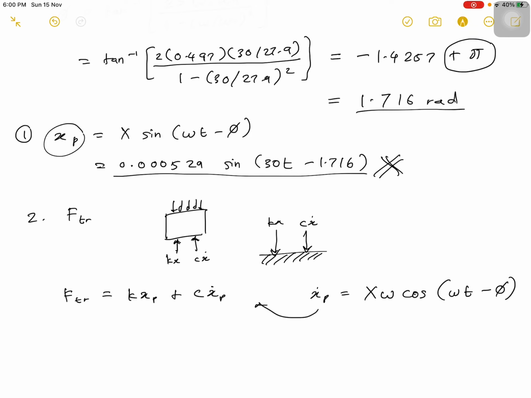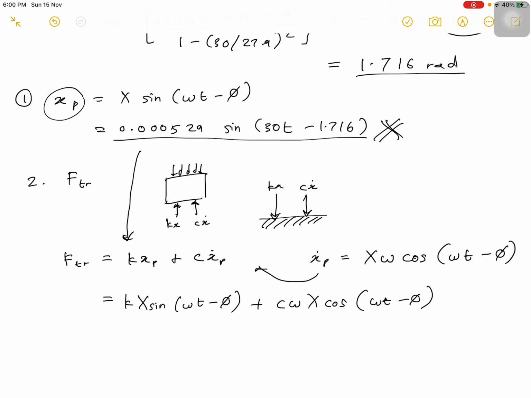We put this inside here and also this inside here. We will get that FTR is equal to kx sin(omega t minus psi) plus c omega x cos(omega t minus psi). Right?